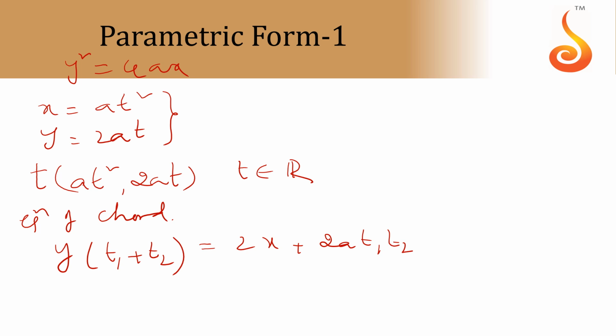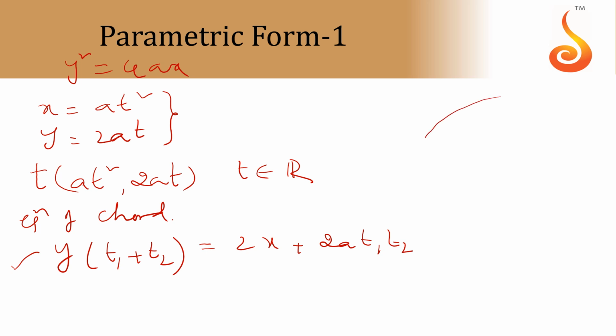You can use the two-point formula. Let t1 be a point on the parabola: at1 square comma 2at1. t2 be a point on the parabola: at2 square comma 2at2. Use the two-point formula and simplify. You will get y into t1 plus t2 is equal to 2x plus 2a t1 t2.